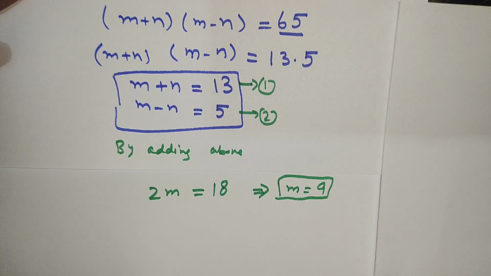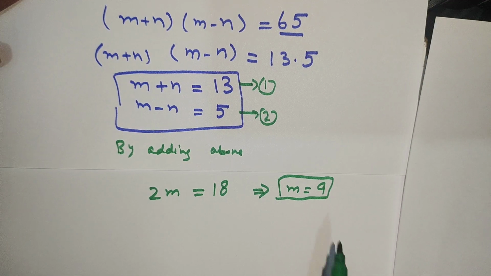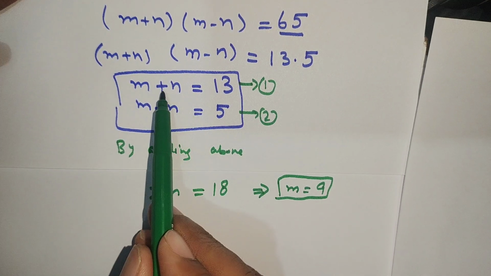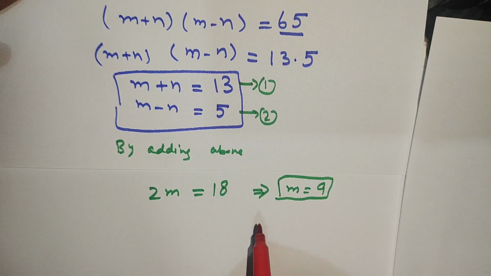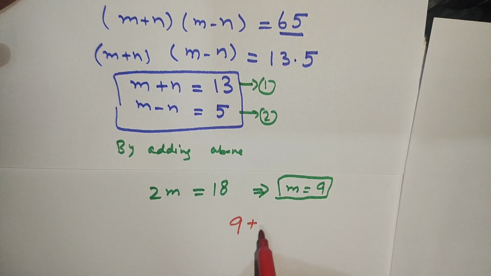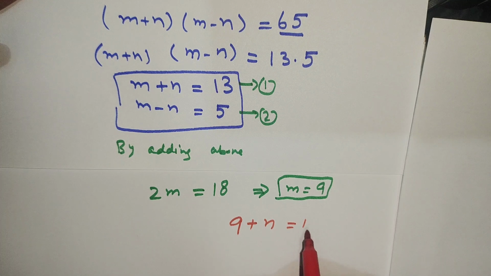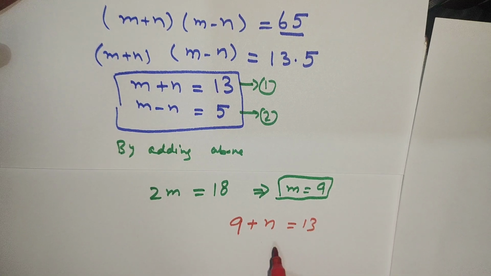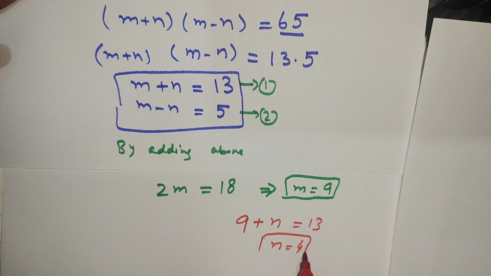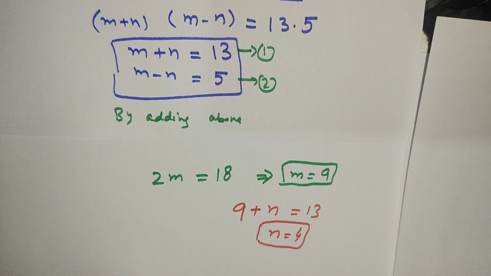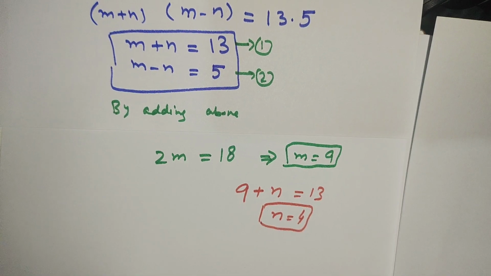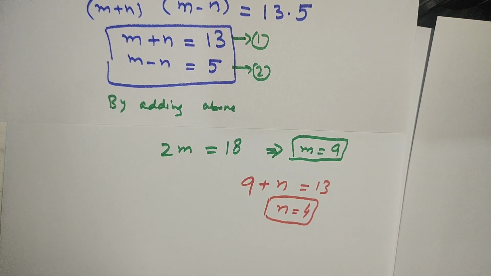Okay, if m is equal to 9, by putting m equal to 9 into the first expression, we simply get 9 plus n is equal to 13. From here n is equal to 4. So we have two values, m is equal to 9 and n is equal to 4.